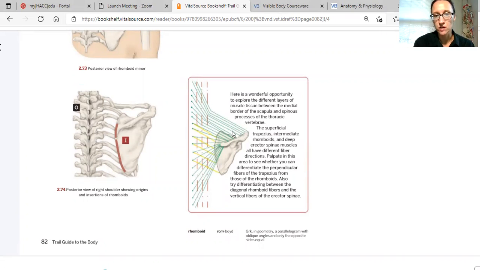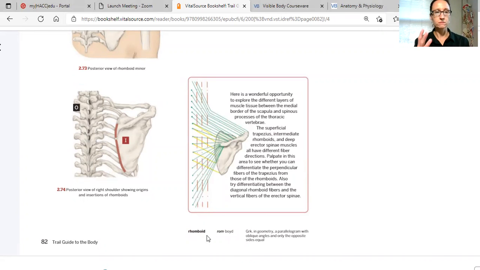Obviously this is trapezius, here and here and here, and this one here is rhomboids. The little ones in pink are muscles that you haven't learned yet, called the erector spinae group. In terms of visualizing fibers and fiber directions, I like this drawing.